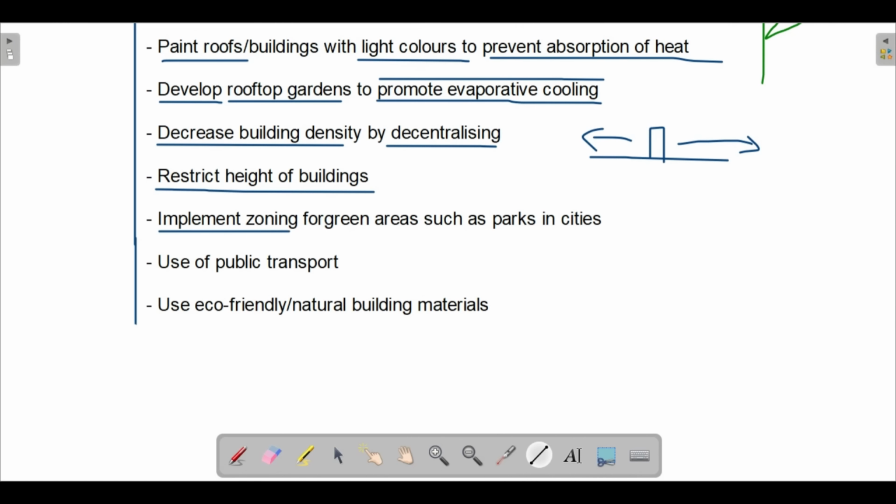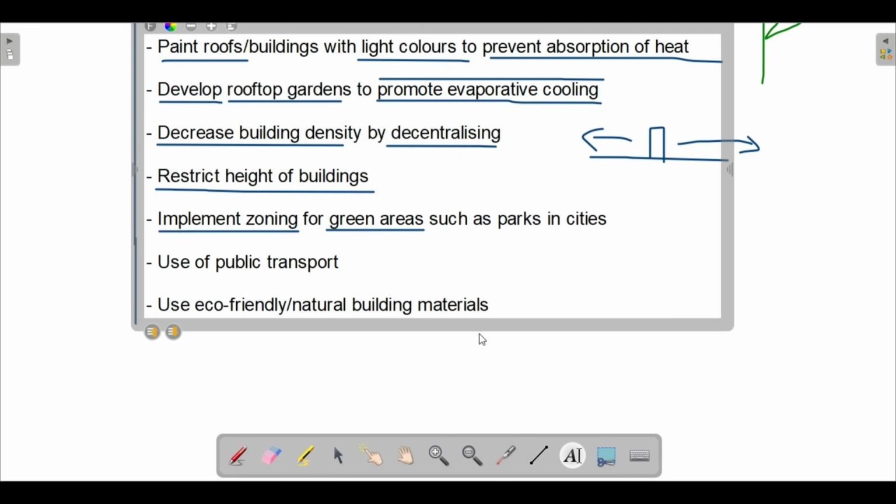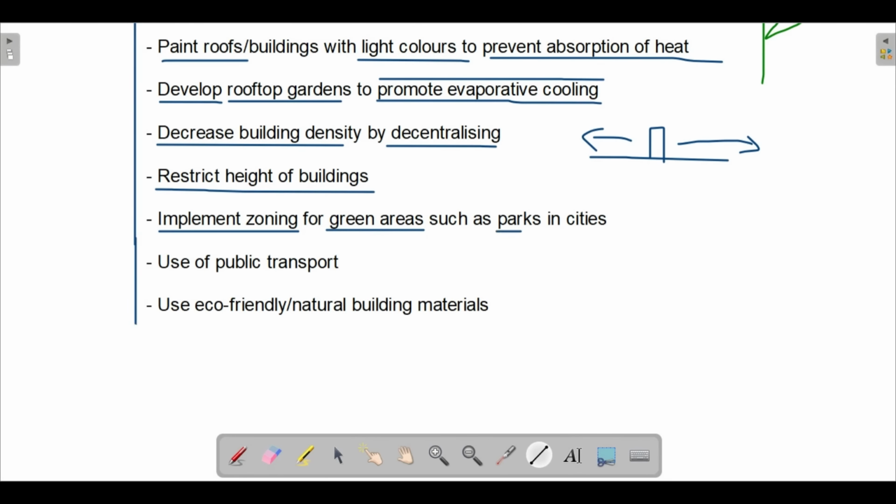We can implement zoning, okay, for green areas. So that should be for space, green areas, such as parks in cities. So zoning is a process of lawfully restricting any other land use. Okay, so if I'm saying that this zone is only for parks or this is a green zone, then no one is allowed to build any building or any facility or anything else other than a park.